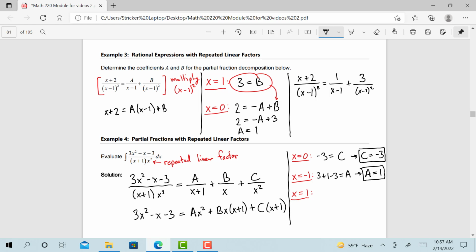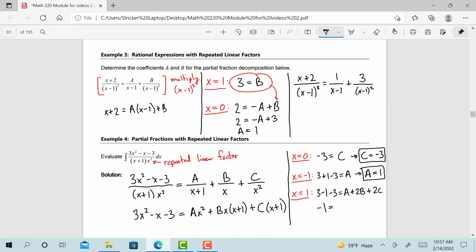So when we plug in 1, on the left-hand side we get 3 minus 1 minus 3 equals A plus, looks like 2B plus 2C. And simplifying, the left side equals negative 1.